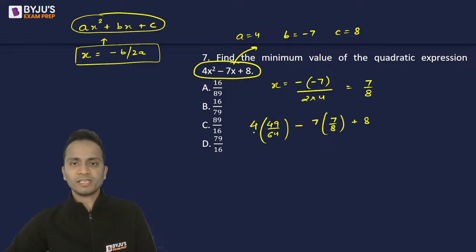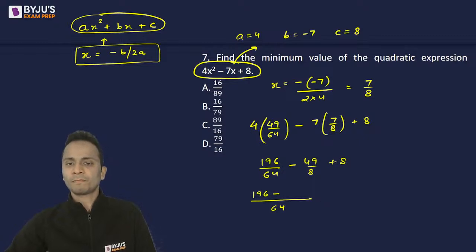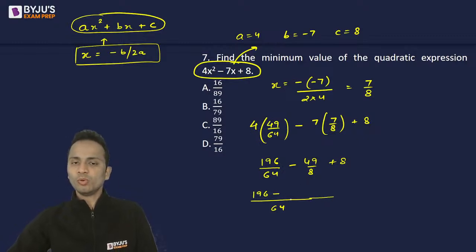So simplify करते हैं, 4 into 49 is 196 upon 64 minus 49 upon 8 plus 8, taking 64 as the LCM. So 196 minus 49 into 8, 392 plus 64 into 8, that is 512.